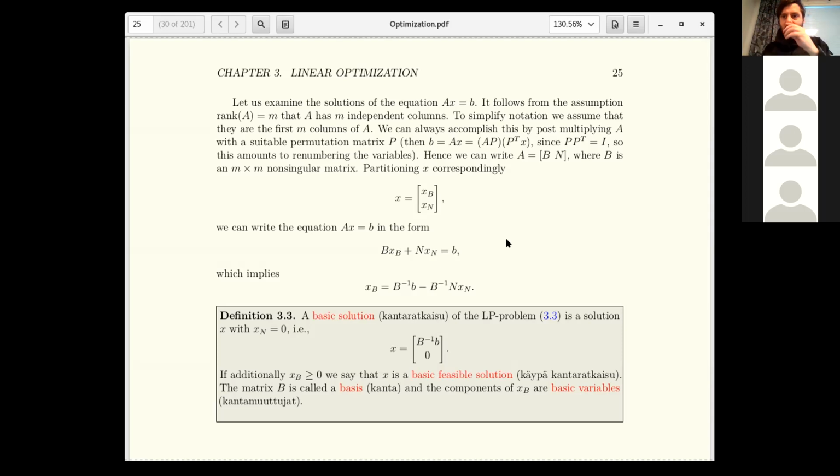And shortly we'll have something really nice: if we just take the XN part to be all zeros, then regardless of what this N matrix part is, N times XN will be 0. So we can assume that this part is 0, and we get XB as B inverse times B.